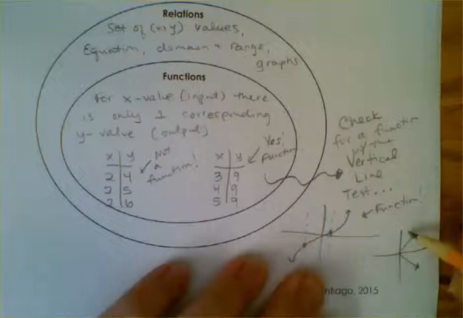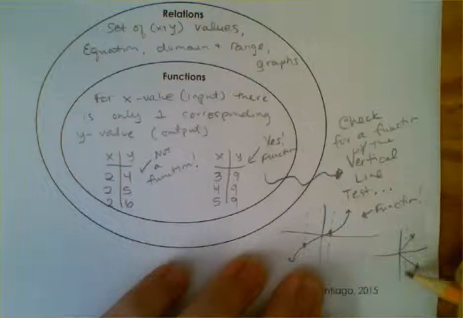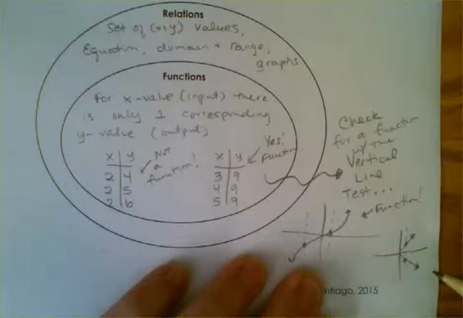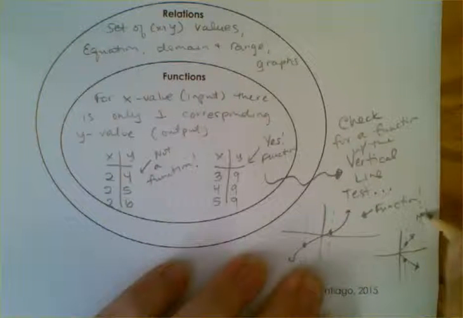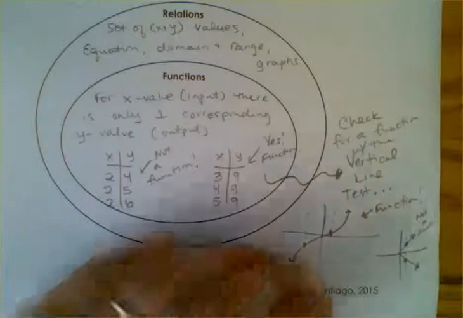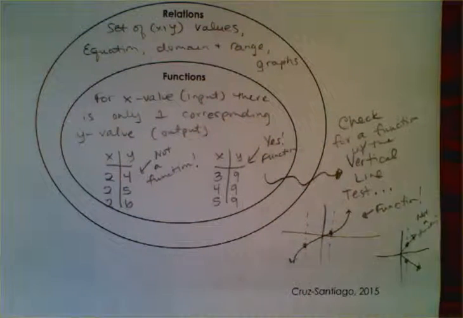And as I put in some vertical lines, you'll see that it passes through 2 points. This is not a function. Okay, so we can use that to test whether we have a function or just a relation.